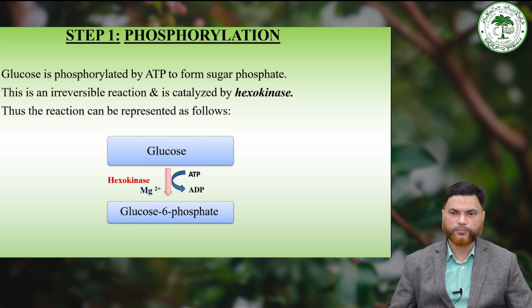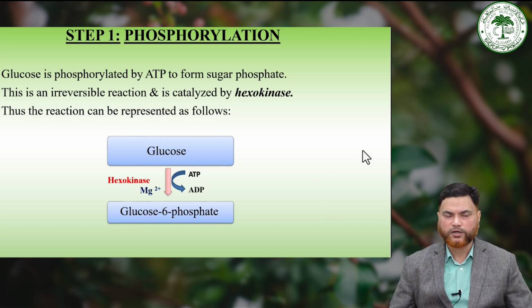The initial step of the glycolytic pathway involves the phosphorylation of glucose at its carbon 6, resulting in the formation of glucose 6-phosphate. This reaction is facilitated by the enzyme hexokinase, which transfers a phosphate group from ATP to the substrate.